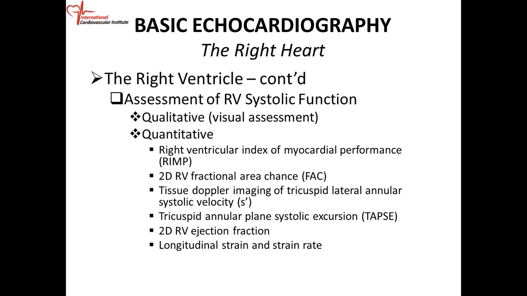You have to be careful. It's supposed to be at the lateral tricuspid annular plane, and then you press your tissue Doppler button, and you want to see the systolic velocity. In systole, that lateral annulus is going to have a certain speed, and that's what you're measuring. Below a certain speed, it suggests that the RV systolic function is reduced. Okay?